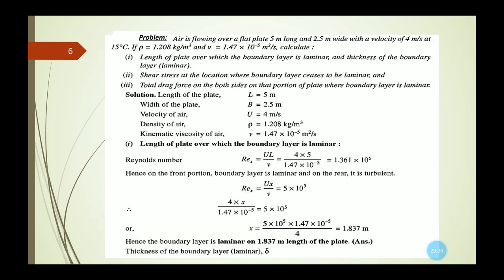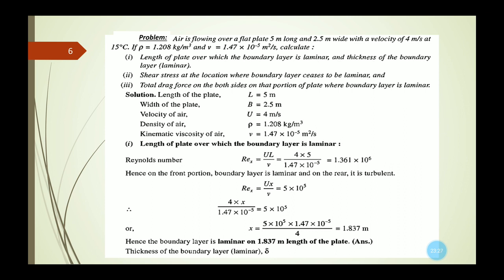So what we have done in this numerical, we have calculated first the length of the plate over which the boundary layer is laminar. So for that, from our concept of boundary layer, we have used the formula of the Reynolds number up to which the boundary layer is laminar.